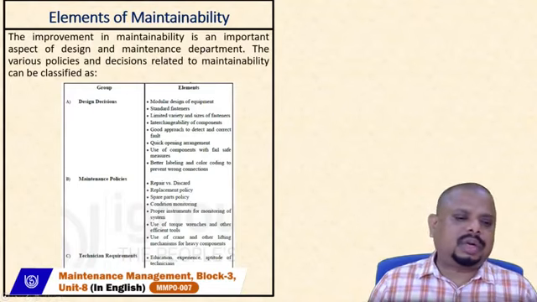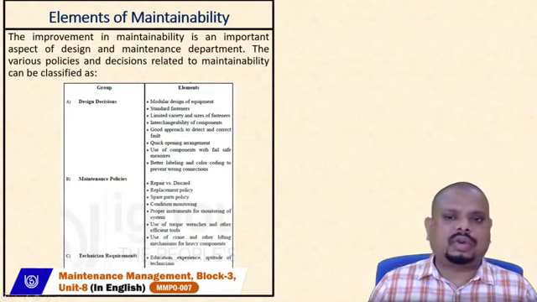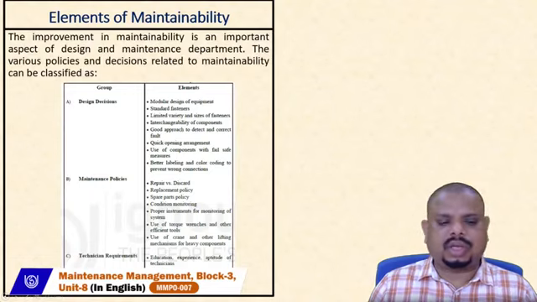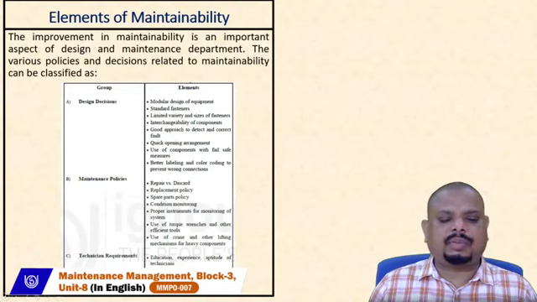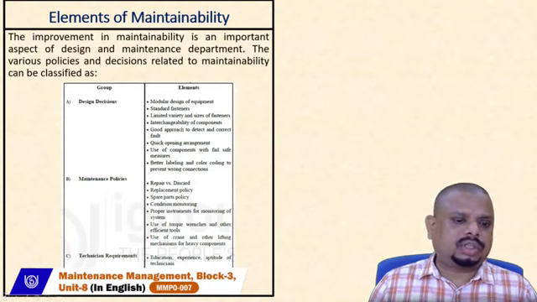Then, after the replacement, the maintenance policy also includes condition monitoring. Then proper instruments for monitoring of systems. Then use of torque wrenches and other efficient tools, or you can simply say use of hybrid tools. Then use of cranes and other lifting mechanisms for heavy components. So under maintenance policies, these elements must be there, which basically lead the decisions related to maintainability.